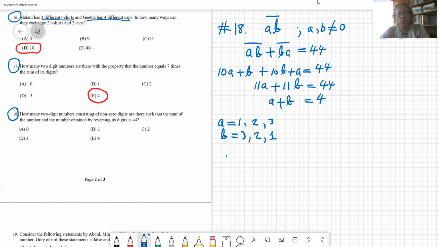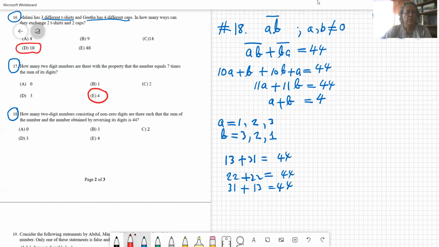So we have 13 plus 31, of course, this is 44, and then 22 plus 22, we get the same number when you reverse digits, 44, and then 31 plus 13 is 44. So there are 3 such numbers. So the answer is D, right?